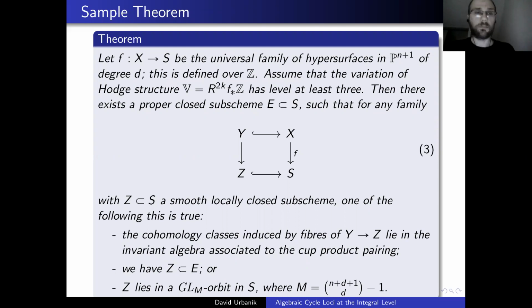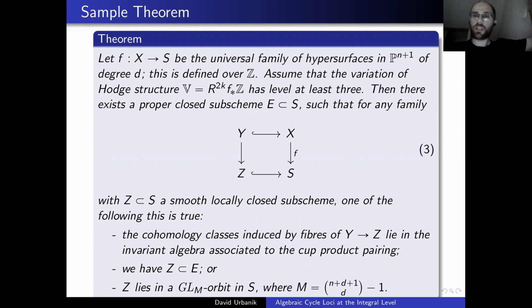and suppose that that variation has level at least 3. Then there exists a proper closed subscheme E inside S, where whenever you have a smooth locally closed subscheme Z and a family of this type, one of the following 3 things is going to happen. Either the cohomology classes induced by Y lie in the invariant algebra associated to the cup product pairing. So what do I mean by that?